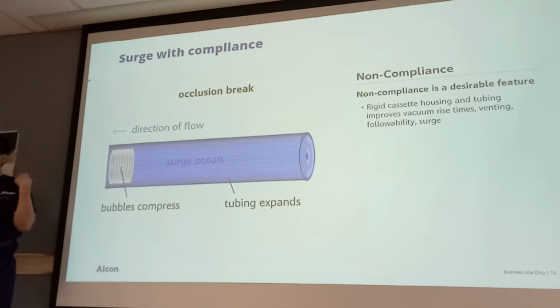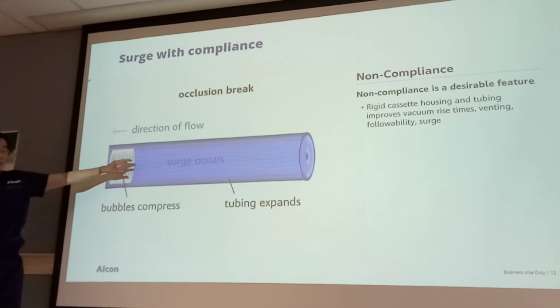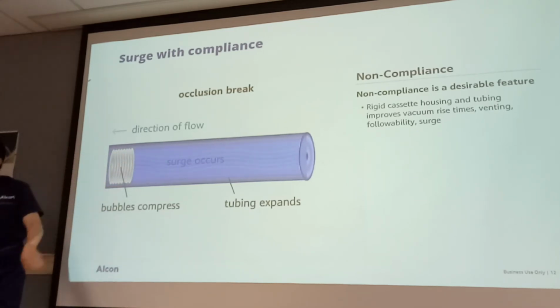It takes more liquid away, because we're setting up the vacuum, the shape changes, we need to take more liquid. But when it comes back, we take more liquid from the anterior chamber. So the softer the tubing, the more surge we will face during our surgery.